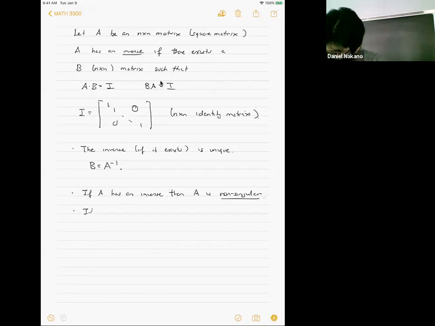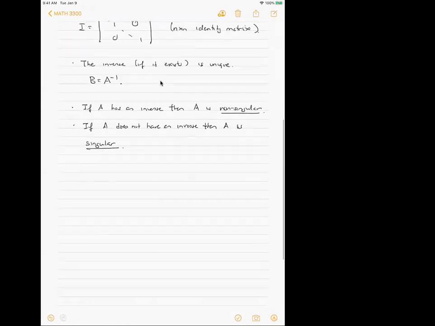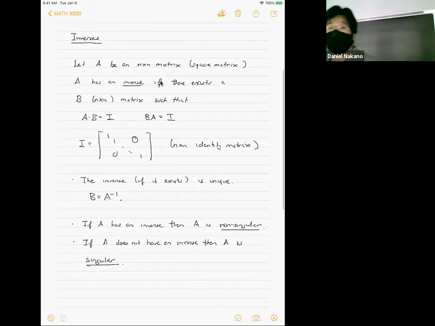If A does not have an inverse, then A is called singular. Okay. Any questions on this recap from last time? Okay. So let's move on.